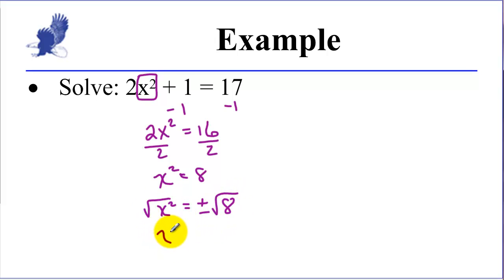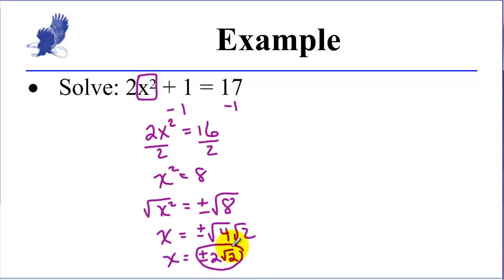Here we get x, and here we get plus or minus, and we can split radical 8 into radical 4 times radical 2. So we get plus or minus 2 radical 2. Now we're not going to put that in a calculator and round that to a decimal answer. We're going to leave the answer in this format. And this is what's called an exact solution.